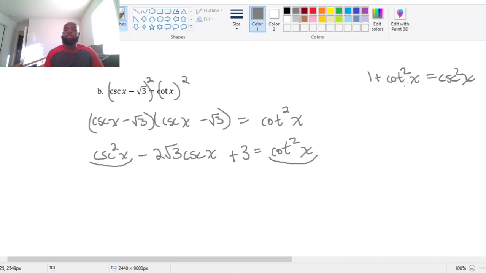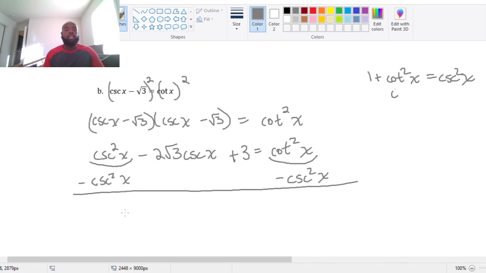Notice if I were to subtract cotangent squared from both sides, or let me get this cosecant squared of x on the other side, right? So I'm gonna subtract, and I'm gonna actually write this out. I'm gonna subtract cosecant squared of x from both sides. And I get negative 2 square root of 3 cosecant of x plus 3 equals cotangent squared of x minus cosecant squared of x.